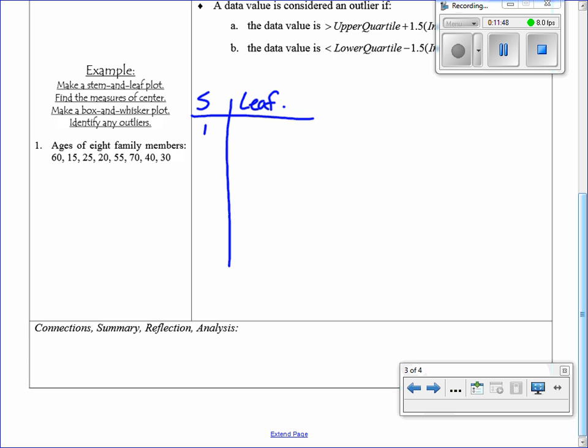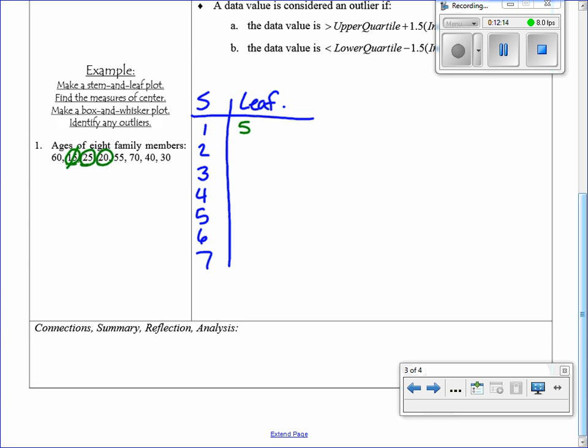My stems are going to be 1, 2, 3, 4, 5, 6, and 7. So I'm going to start with my ones. I only have one number that starts with a 1, so my leaf would be 5. So that would be 15. Let's see, 2s. We want to put these in order too, so that's why I'm kind of stopping and looking.